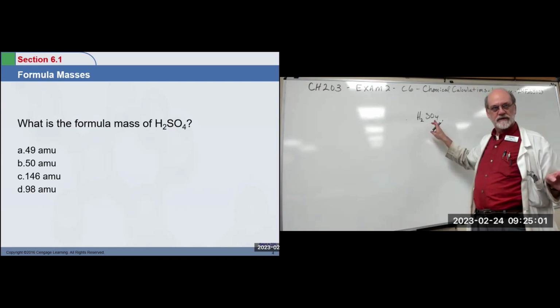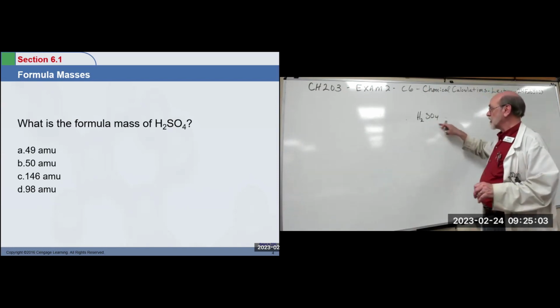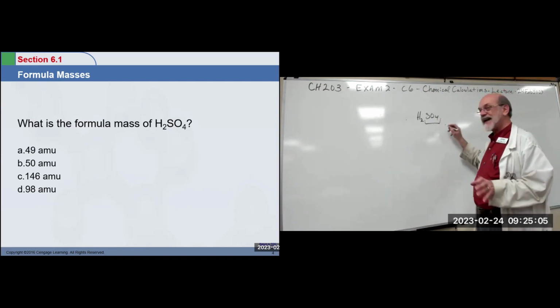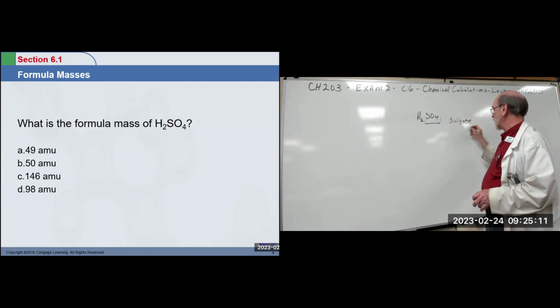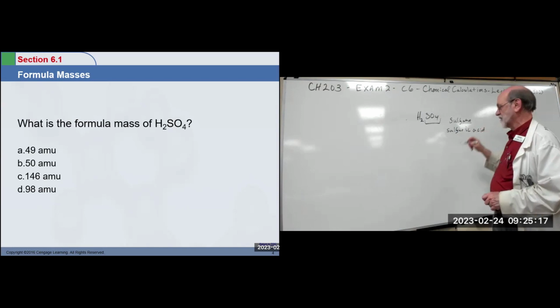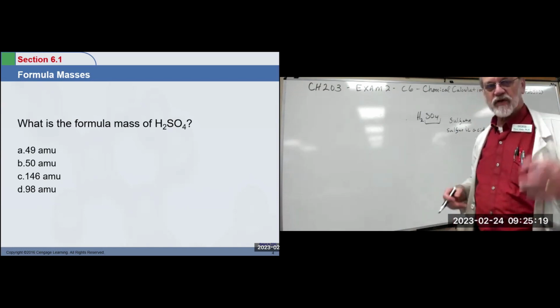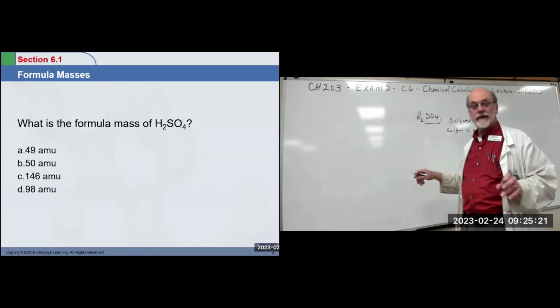Remember those rules? Don't start with hydro. You start with whatever that is, right? And that polyatomic ion is sulfate. And H becomes X. So it's sulfuric acid. Okay. That's not part of the question, but I thought I'd throw that in there anyway.